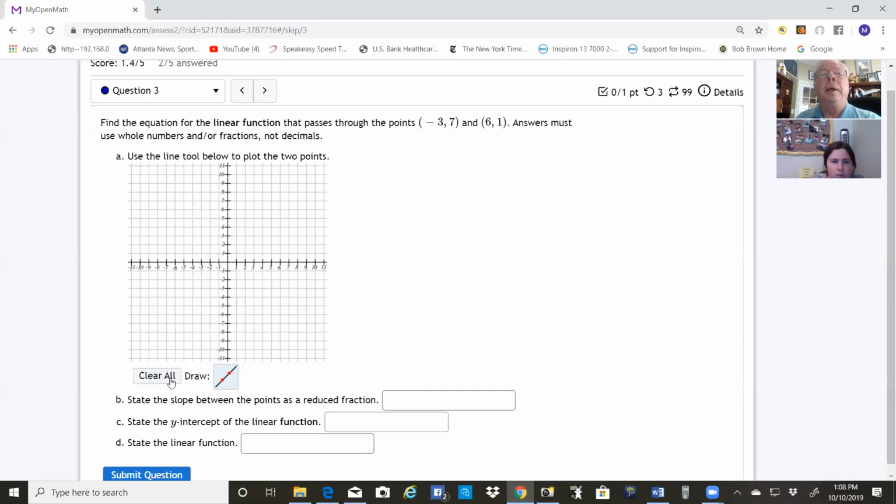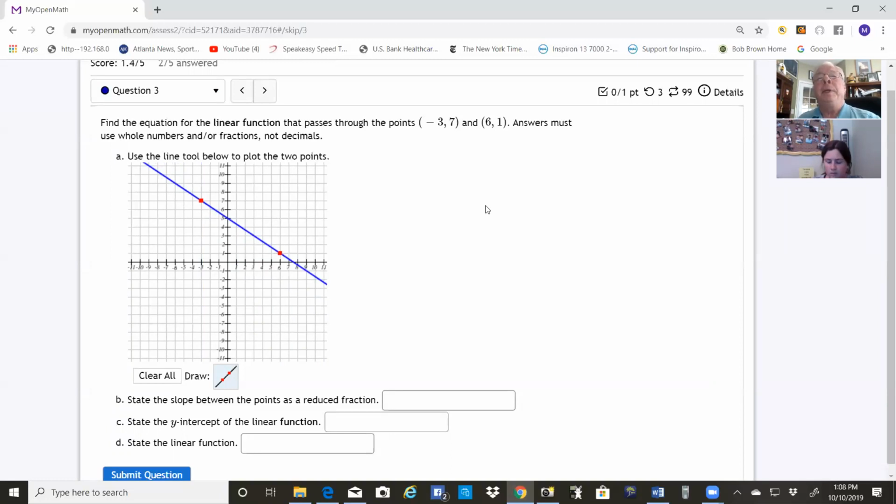Okay. -3 and 7. If I look at this on my small laptop, I don't see quite as well. -3 and 7. Now I'm looking at it on a big screen. So -3 and 7 and 6 and 1.